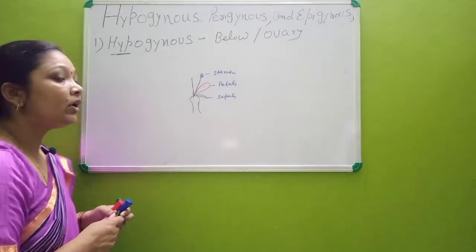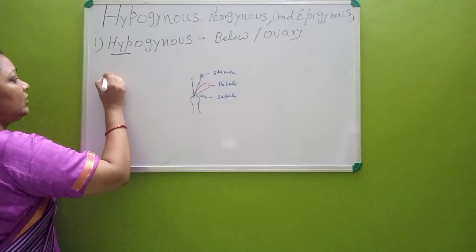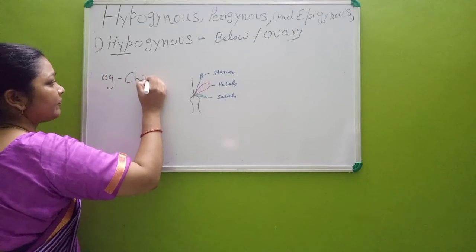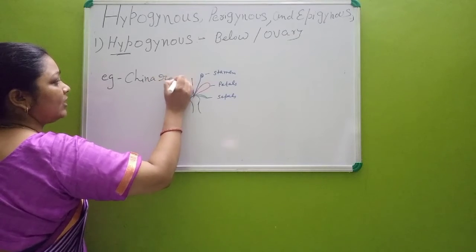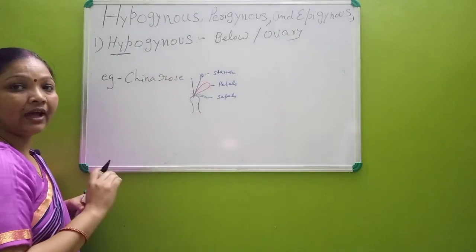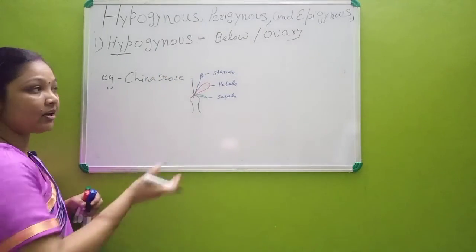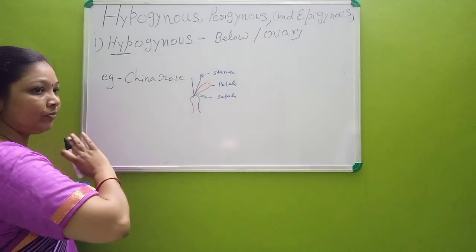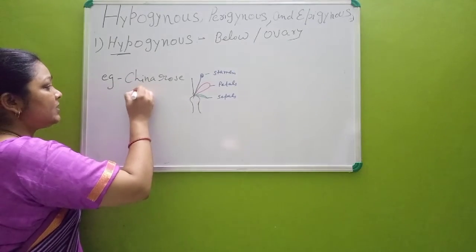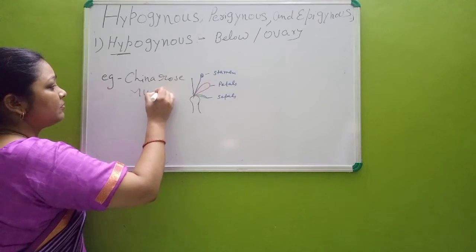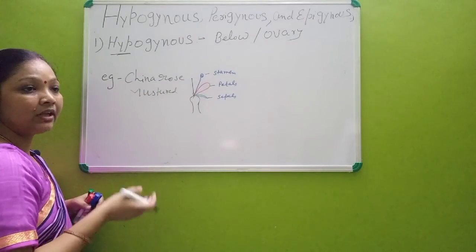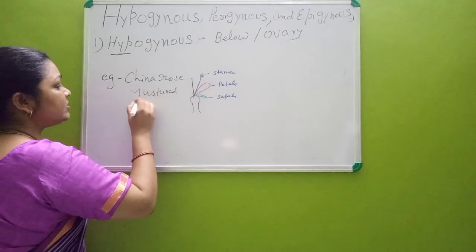All the whorls arise from below the ovary. Now the examples we come to know are China rose, that is hibiscus, a flower in which the ovary is apical and the other whorls arise from below it. Other examples are mustard and brinjal.